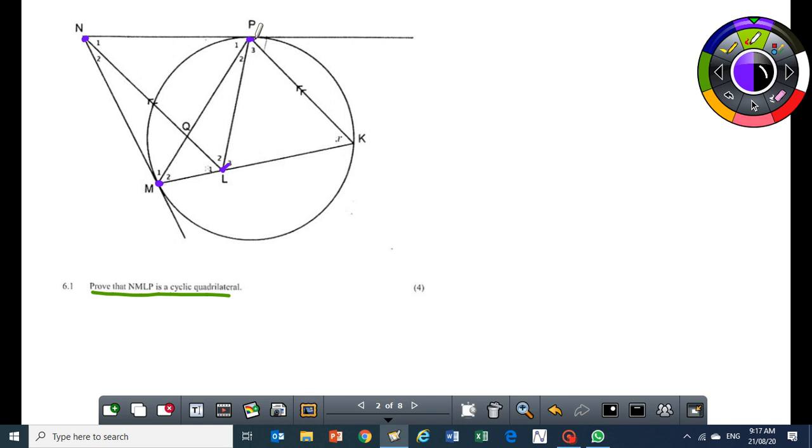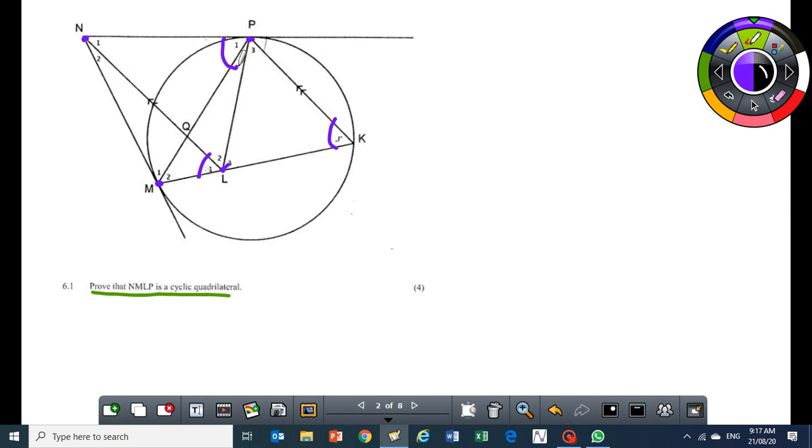So this angle here, angle K, is equal to X. And that angle is going to be equal to angle L1. They are corresponding angles. At the same time, this angle, that is P1, is equal to angle X because of the tan-chord theorem.